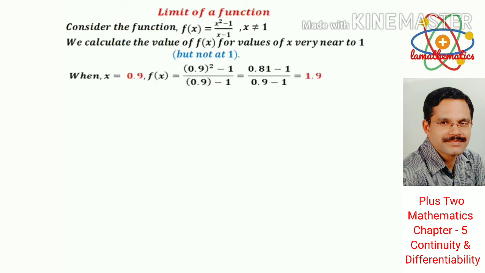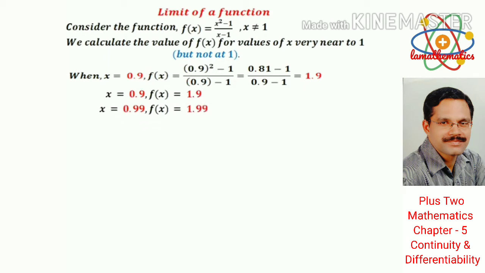When x equal to 0.9, f of x equal to 0.9 whole square minus 1 by 0.9 minus 1, equal to 0.81 minus 1 by 0.9 minus 1, equal to 1.9. That is, when x equal to 0.9, f of x equal to 1.9.